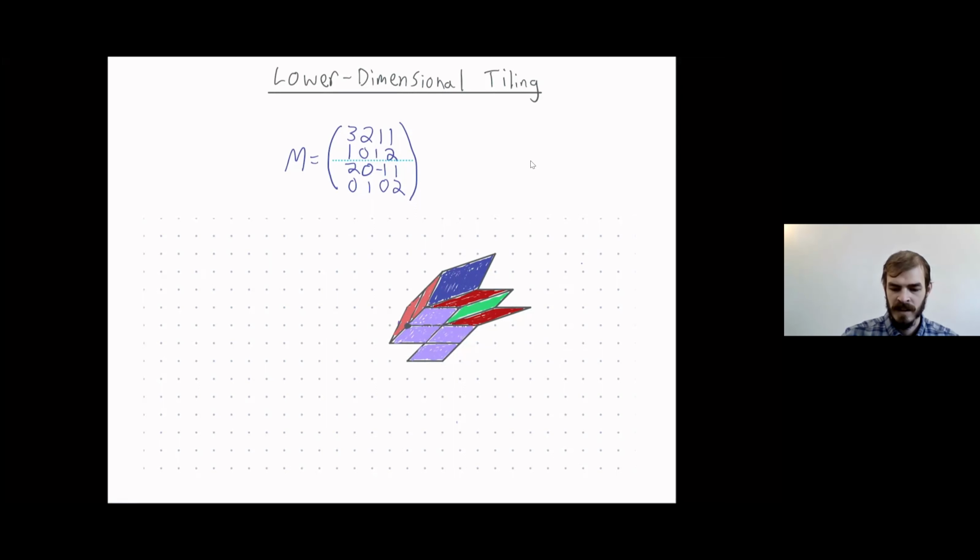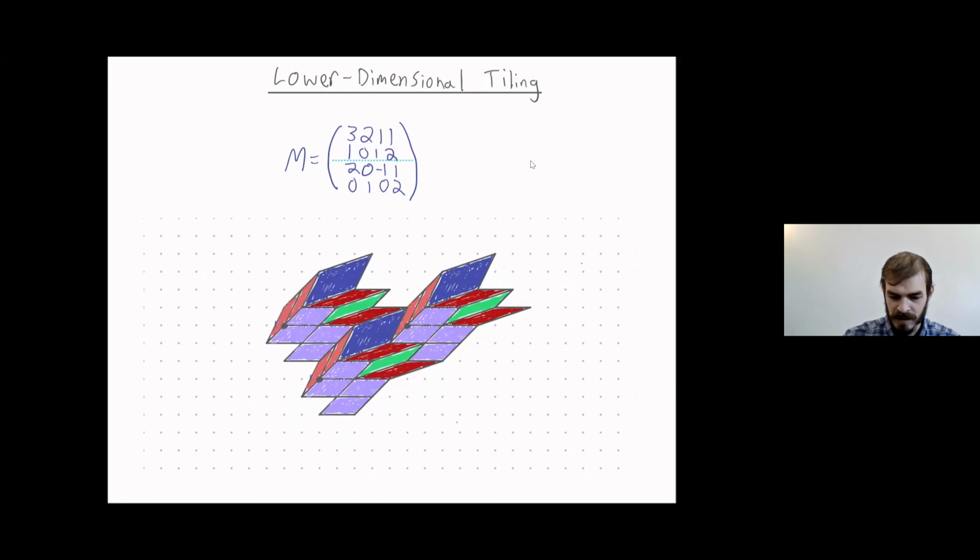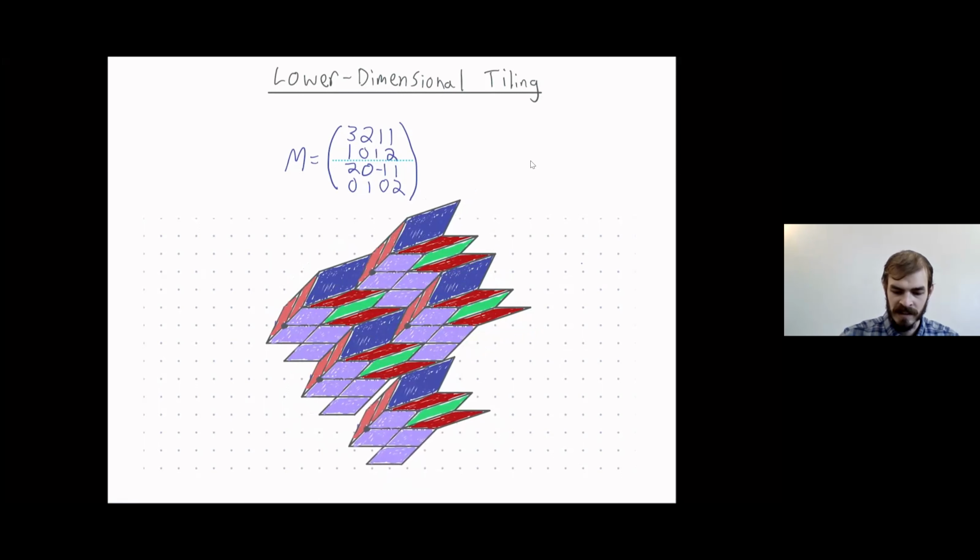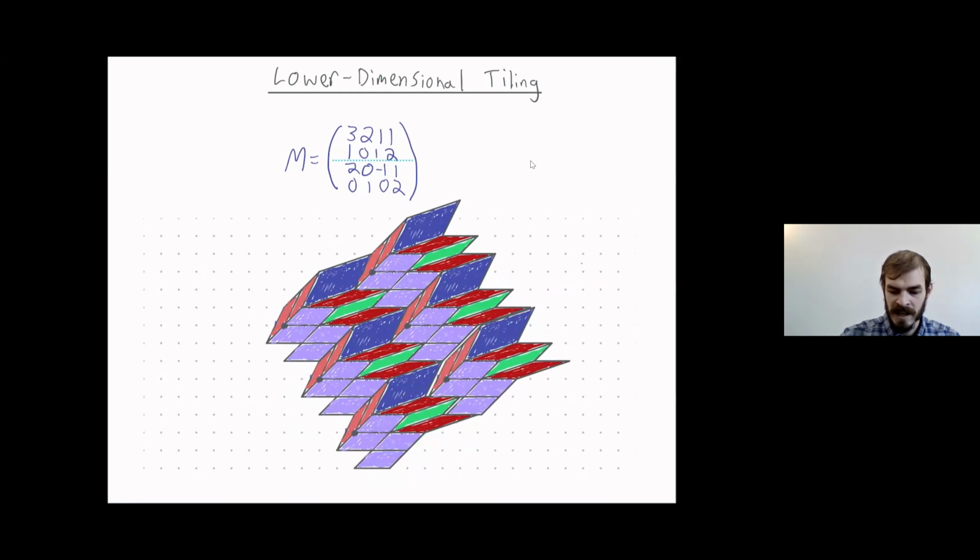But the nice thing is we still get this tiling in exactly the same way. So we can do this and this and this, and we get this tiling of the plane, and we can just work in this lower dimensional case instead of going to higher dimensions. There's one condition we need, that the GCD of the lower minors of the matrix has to be 1, but as long as that's satisfied, we can go to this lower dimensional case.